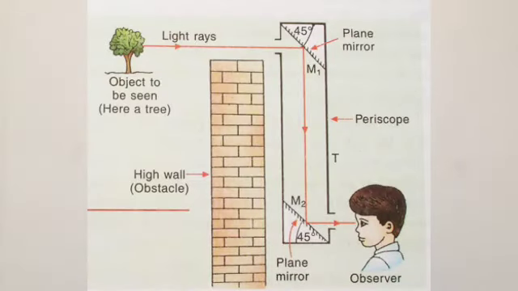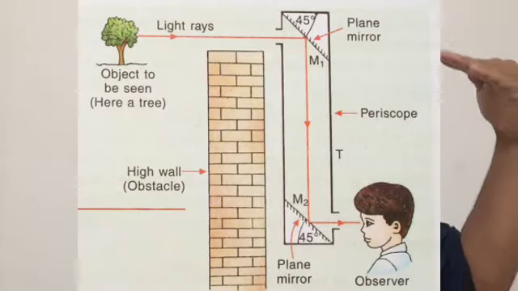Two plane mirrors are used, and both plane mirrors are placed at a 45-degree angle and are parallel to each other. You can see in this diagram that they both make a 45-degree angle with the edge of the periscope.